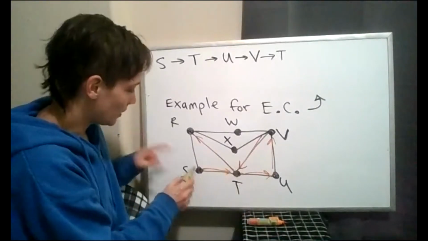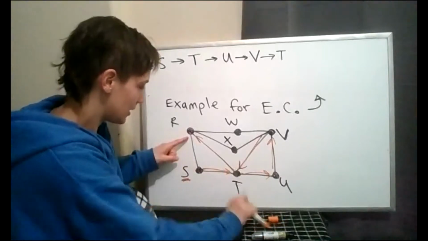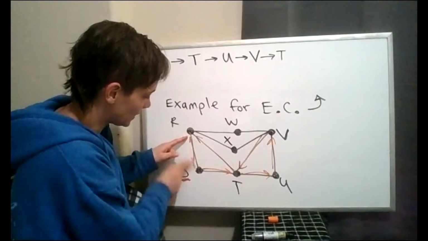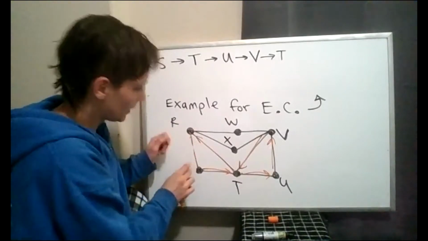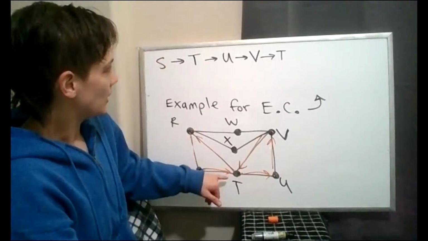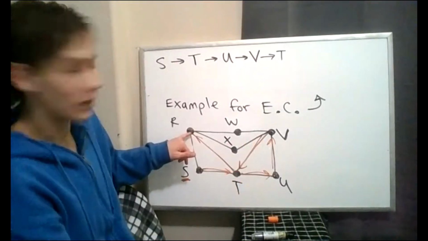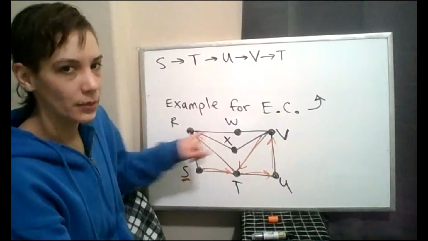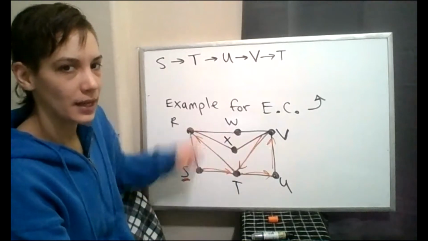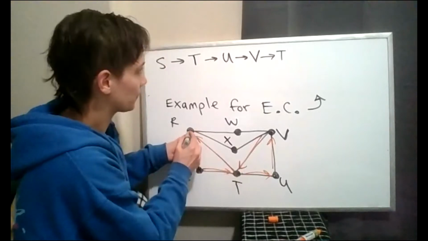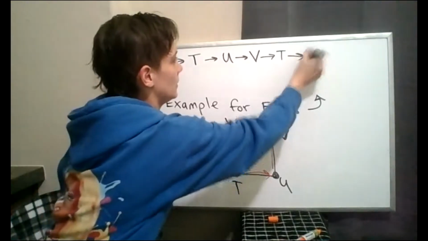So we're going to go to R. Wait, hang on. Nope, that was it. S. T. To U. To V. To T. We want to go to R. And we're going to go, I think, this way and then back. Cool. This is okay.